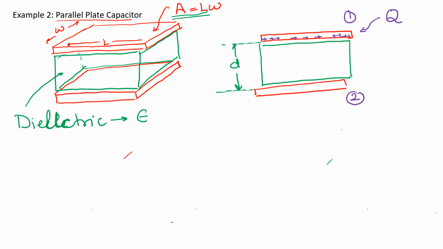You saw this for the disk in your midterm exam too: charge cannot be uniformly distributed on a disk. So you would get slightly more charge on the edges and less charge in the center, and the charge would sit on the inside. Why? Because associated with the charge on the top, you also have negative charges sitting on the bottom, and they are attracted to each other.